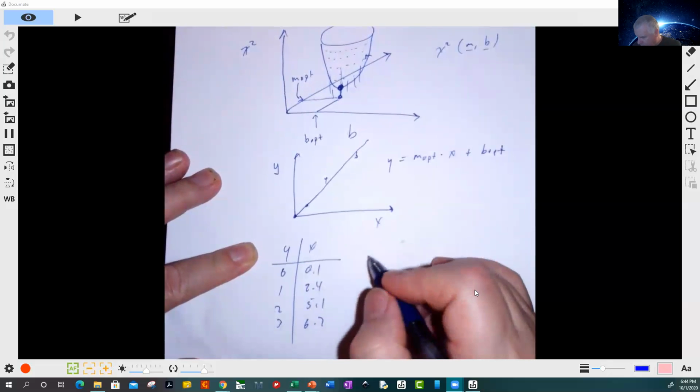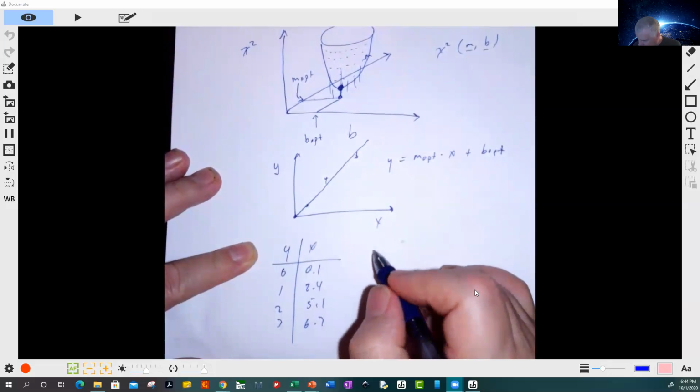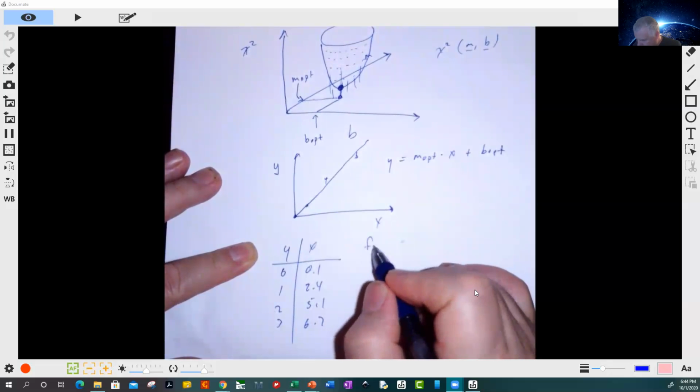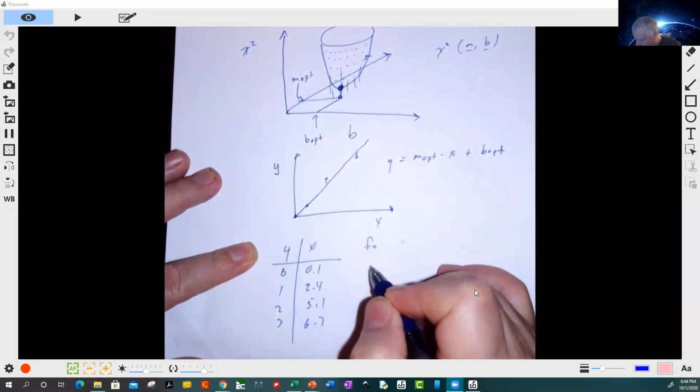And you'd set it up such that F0 is just x.